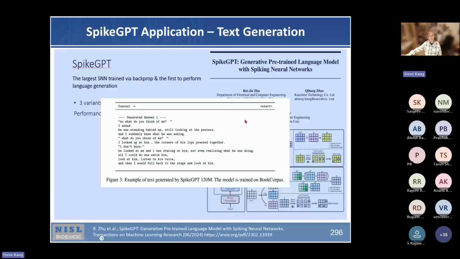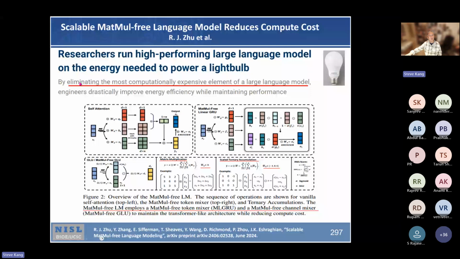Another thing is a scalable matrix-multiplication-free language model, which reduces the compute cost. The idea being that instead of a megawatt of power, maybe you can use light bulb wattage, less than 20 watts. So it eliminates the most computationally expensive element of a large language model, mainly the multiplication.